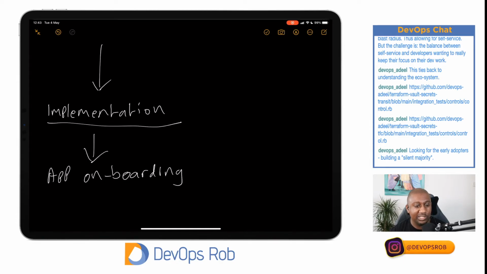So once you've got this feedback and you're quite happy with the way that's looking, now you're at the point where you can onboard a single application from this team to HCP Vault, right? Now, the reason why I say a single application is because through any migration, no matter what you're migrating from or to, be it an on-premise data center into a cloud or whatever it is, there are huge risks associated with that, right?